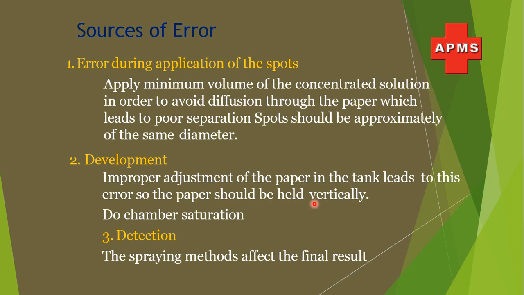So the paper should be held perfectly vertical. Also we have to saturate our chamber before starting the experiment. We have to cover the development chamber with a lid, so the atmosphere inside the chamber is completely saturated with the used mobile phase vapors.